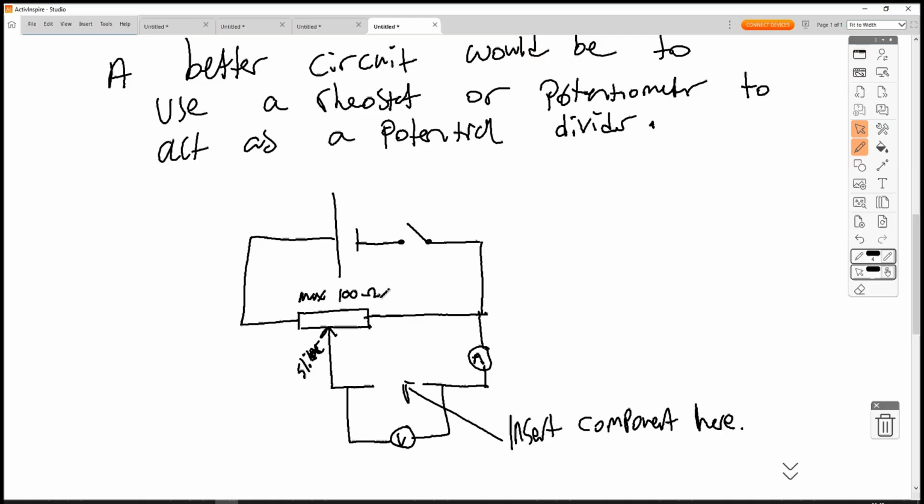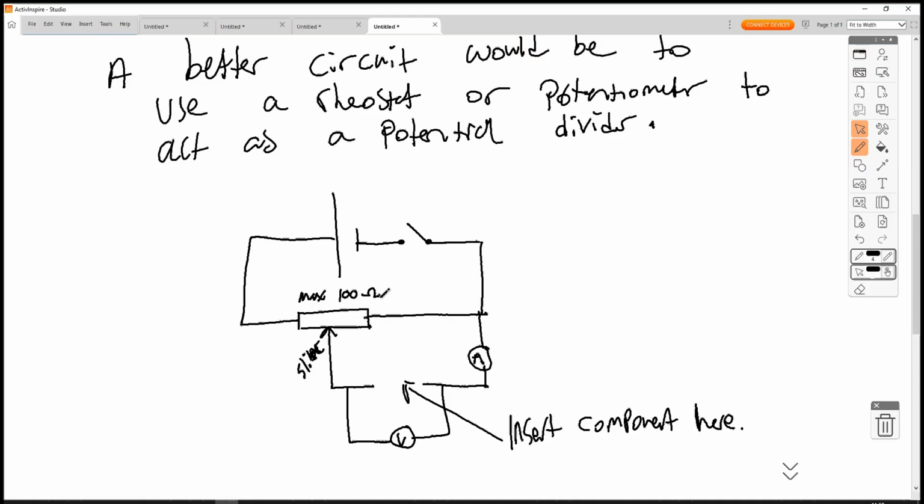If I slide it all the way to the left of the rheostat, then the entire 100 ohms is going to be in parallel with our component that we want to measure. And in parallel, components have the same potential difference.